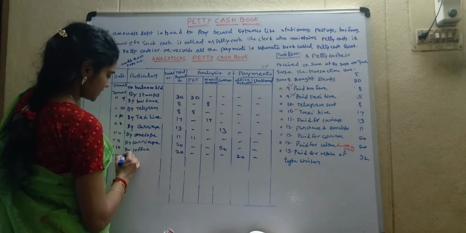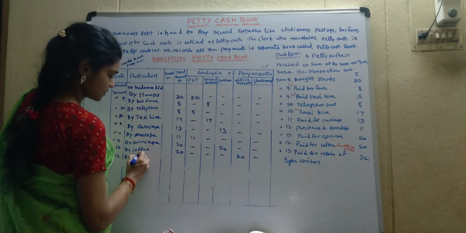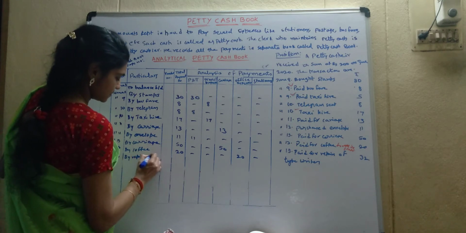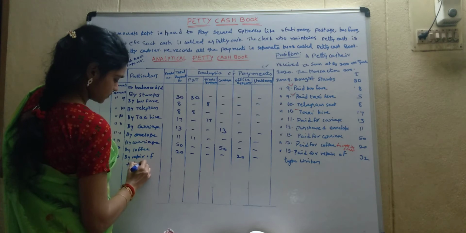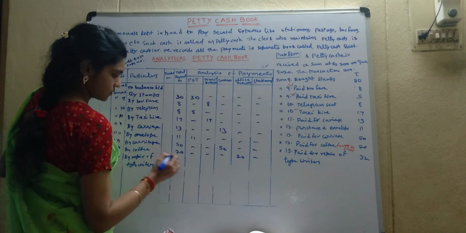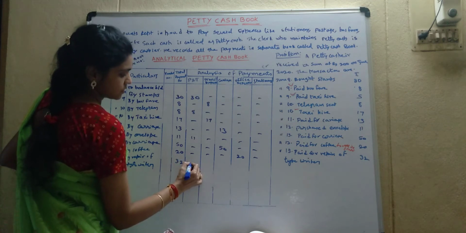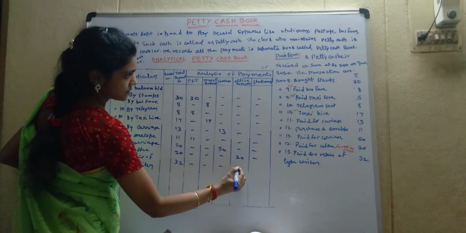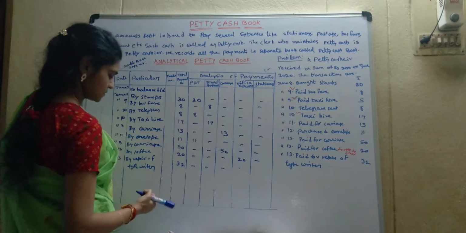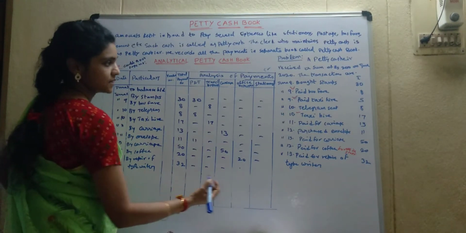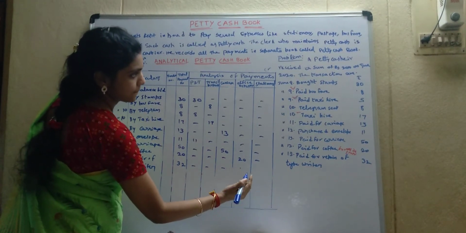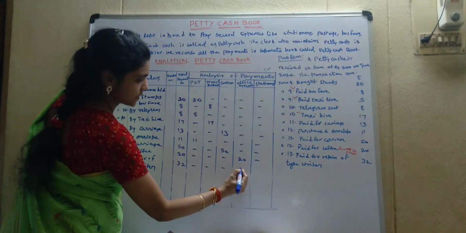Paid for repairs. By repairs of typewriter. What's the amount? 32. It also comes under office expenses, 32.